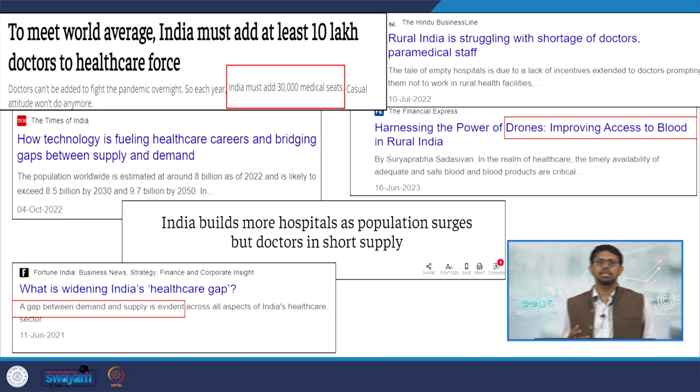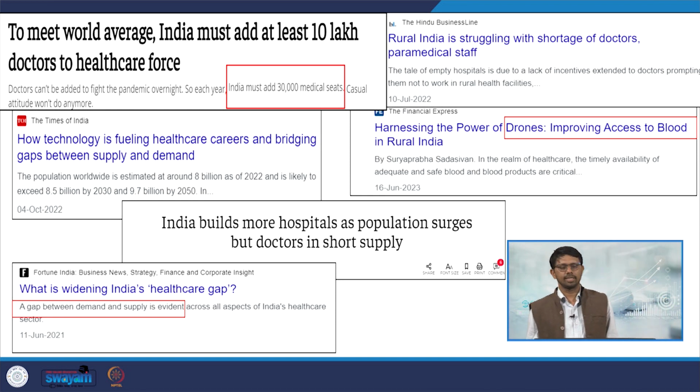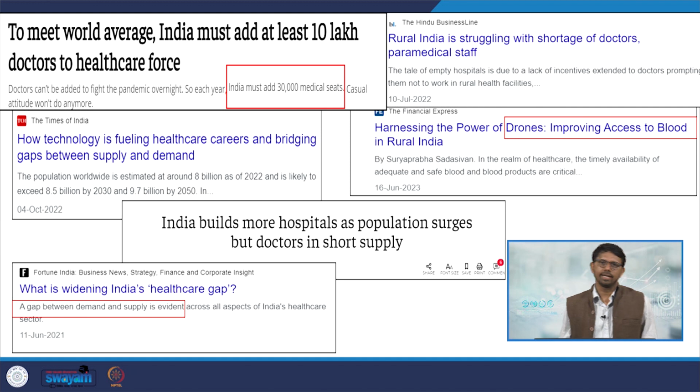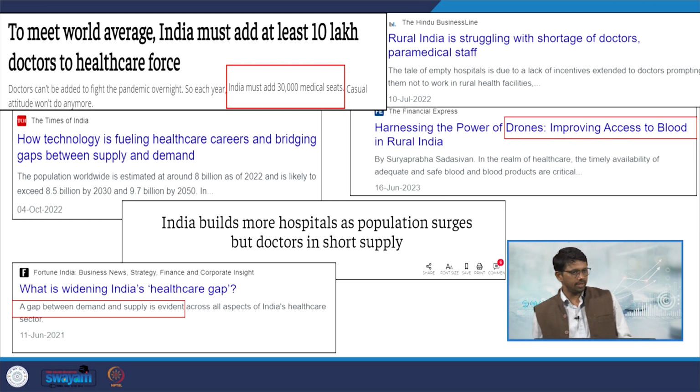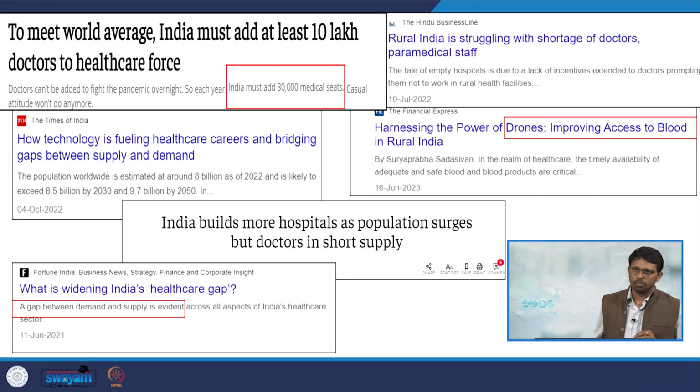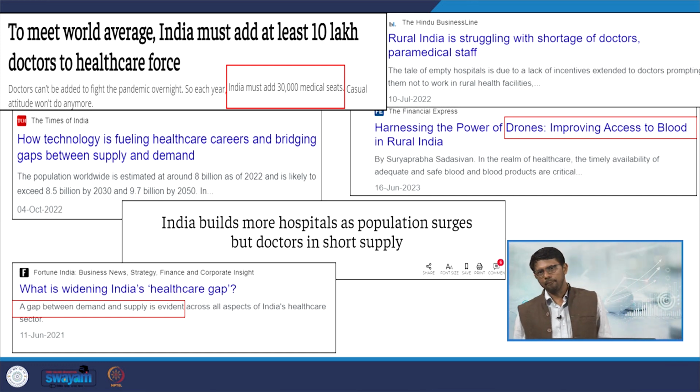Similarly, some forecasts are also made. Healthcare forecasts are adding to the woes of the healthcare system in India. There are a number of articles you can refer to. But now in this lecture we will be sticking to the typical problem that lies with healthcare supply.